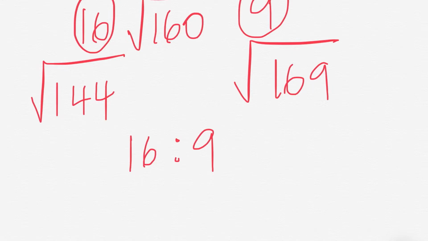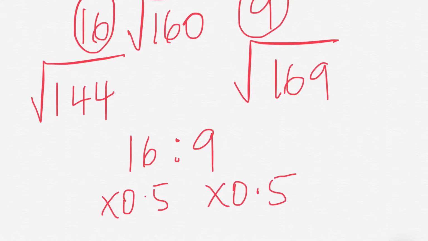We'll multiply this 16 with 0.5 and this 9 with 0.5. This gives us 8 and this gives us 4.5. The total ends up to 12.5.